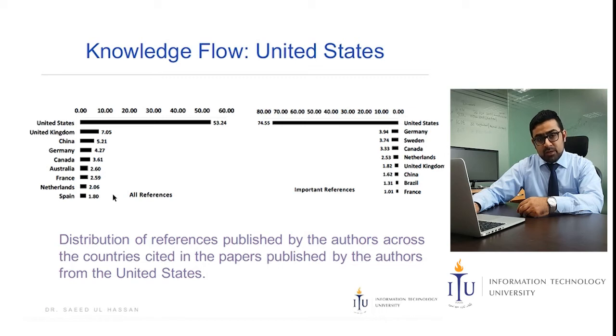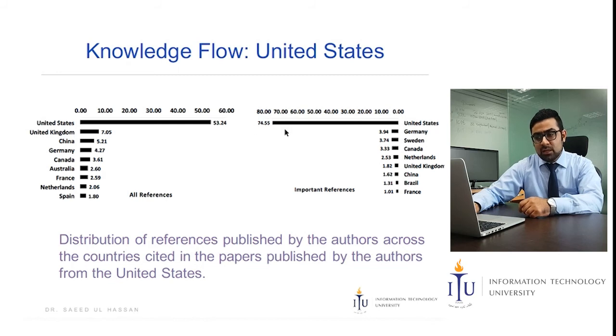For the important references, these are the important citations that are actually influential, and are being used for extending the work or being utilized. For that, the United States utilizes 74% of its own knowledge resources.